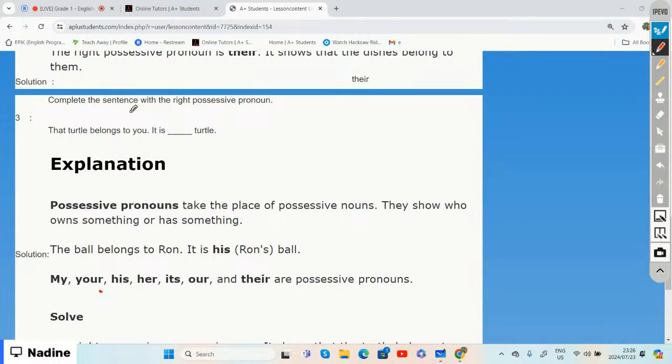So we can say that the turtle belongs to you. And when we say the turtle belongs to you, then we are going to use the possessive pronoun, saying that it is your turtle. Because if it belongs to you, then we can say it is your turtle.